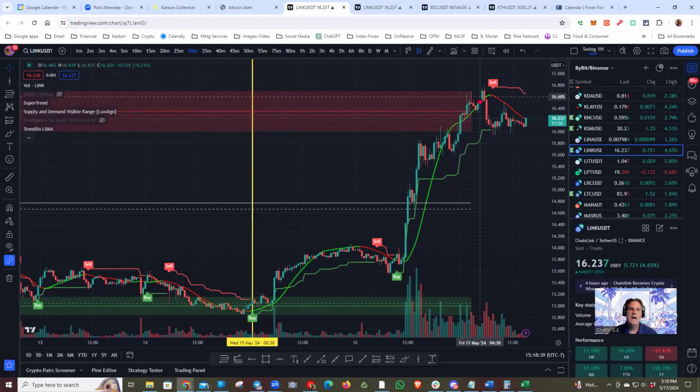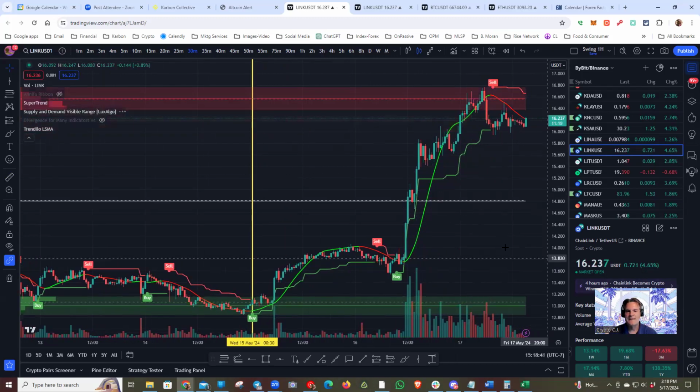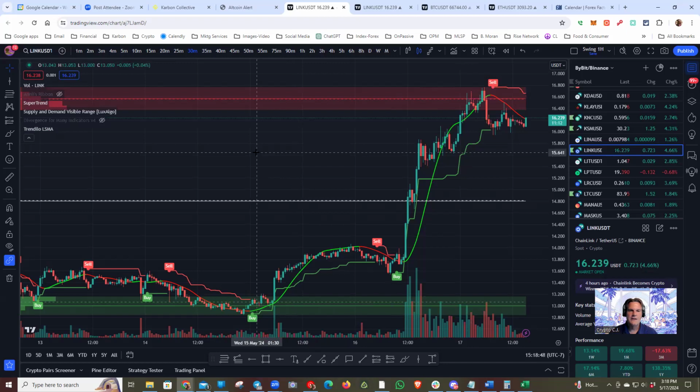Now, Link kept pumping. As you know, it's over $16 today. So a lot of people get bummed out: oh, I should have held it longer. And that's fine if you want to do a longer swing trade. But I've talked about my short-term swing trades. I'm just looking for 10% usually at 3x leverage, so 30% in a couple days.